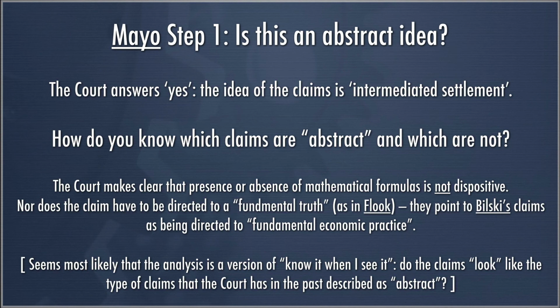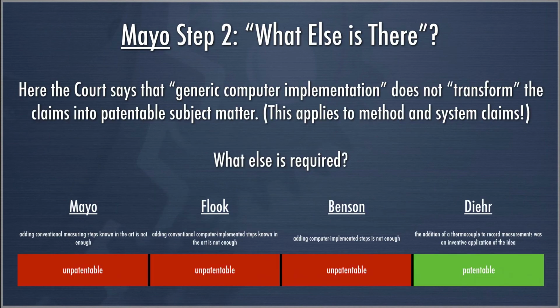And I think it's sort of this combination of both of those things, almost a feel, right? They're just getting a feel for what they think these claims are. Do they feel like they're abstract in the way that the claims that have come before and been held to be abstract ideas feel?